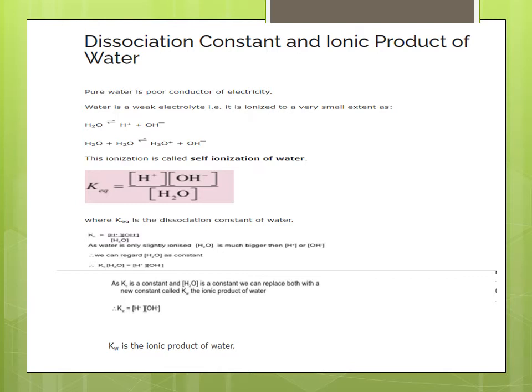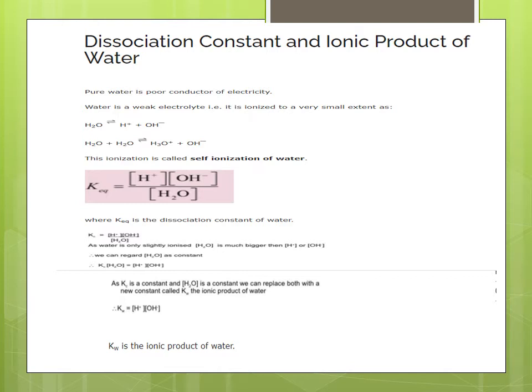Now K equilibrium can be written in the same way: molar concentration of right hand side species divided by molar concentration of left hand species, where K equilibrium is the dissociation constant of water.